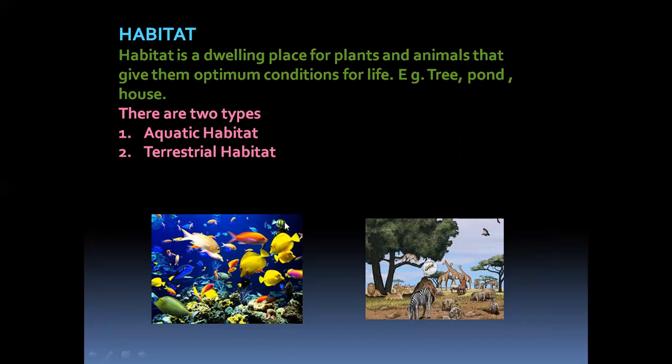Aquatic means water, living in water. Terrestrial means land animals. You can see this, isn't it?